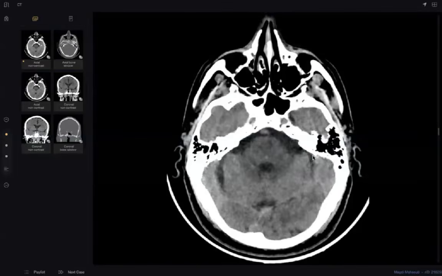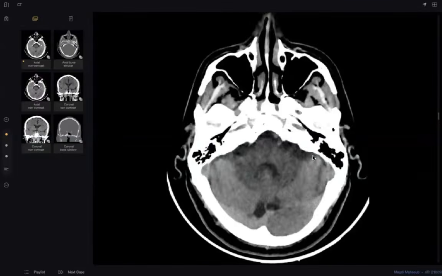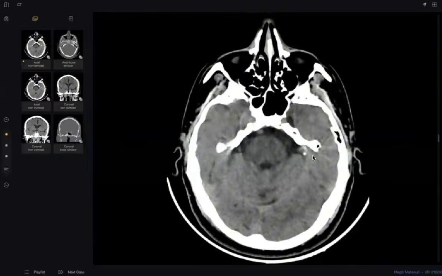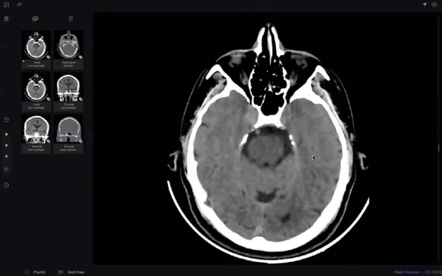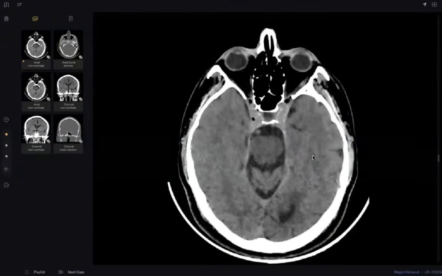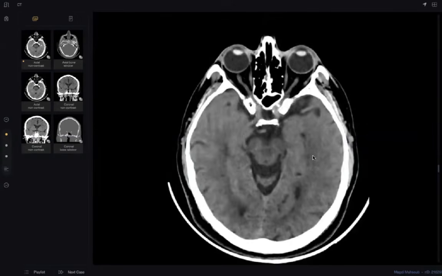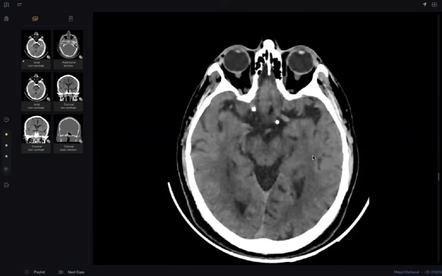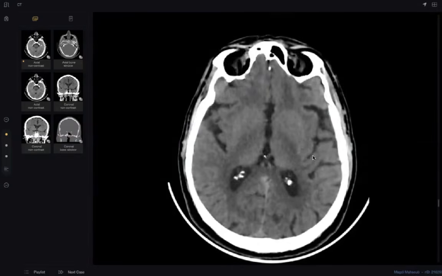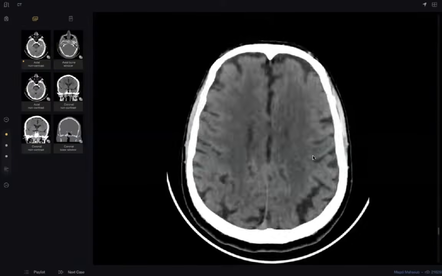There is some hypodensity of the brainstem, but this may be artifactual in this region. Orbits are grossly unremarkable.